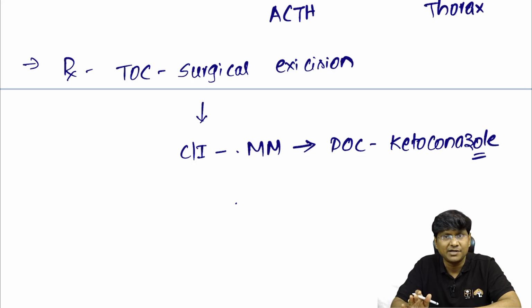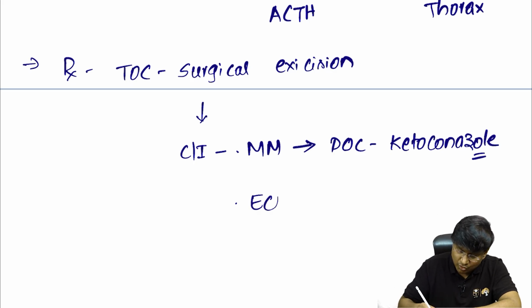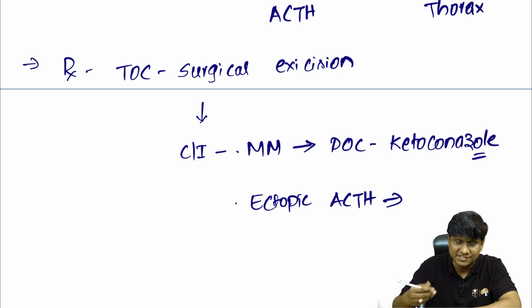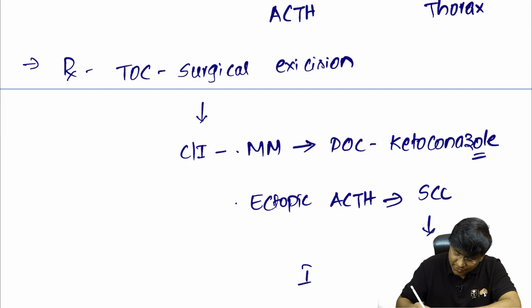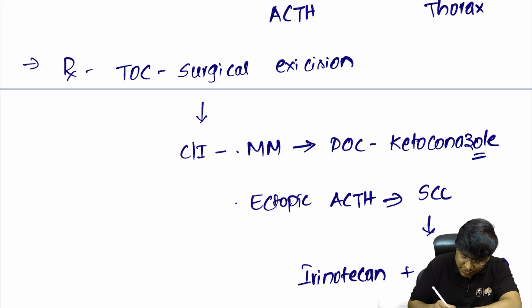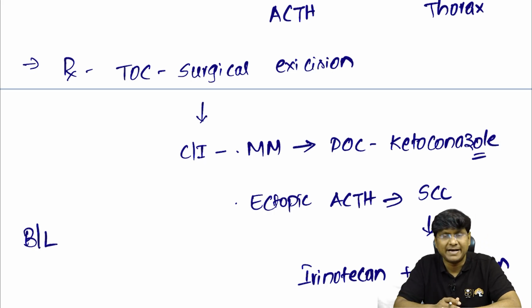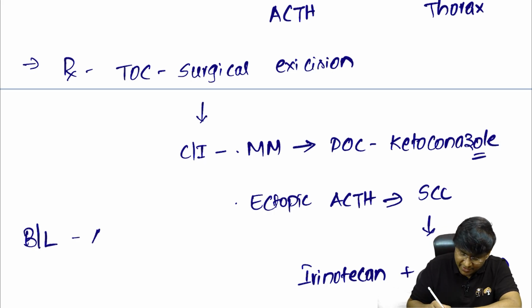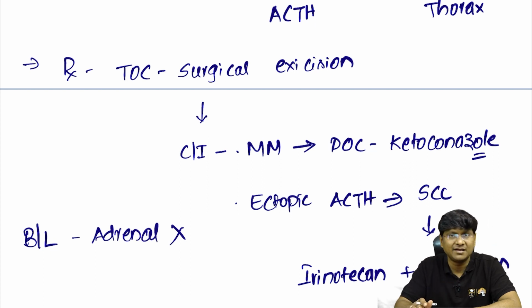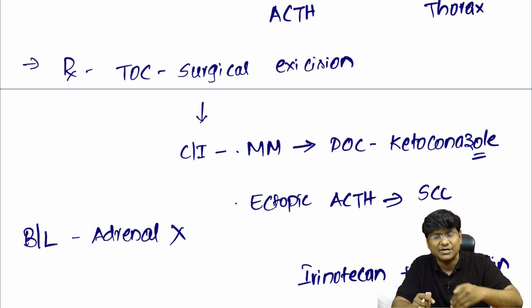And the next important drug: if there is ectopic ACTH, what is the most common cause of ectopic ACTH causing Cushing's? That is small cell carcinoma. So if it is small cell carcinoma, then the drugs that you need to give are irinotecan plus cisplatin. And if there is bilateral adrenal adenoma or bilateral adrenal carcinoma, where you have done bilateral adrenal resection, the individual will land up in steroid deficiency.